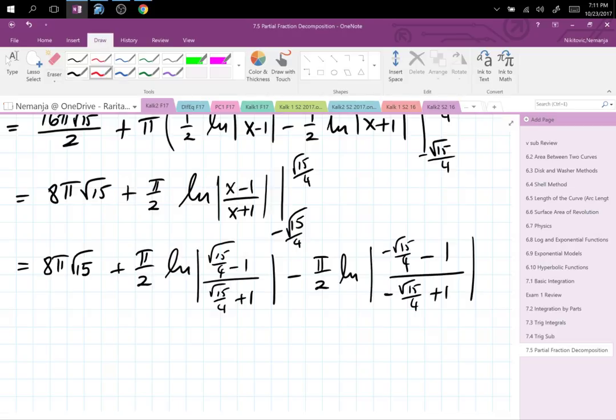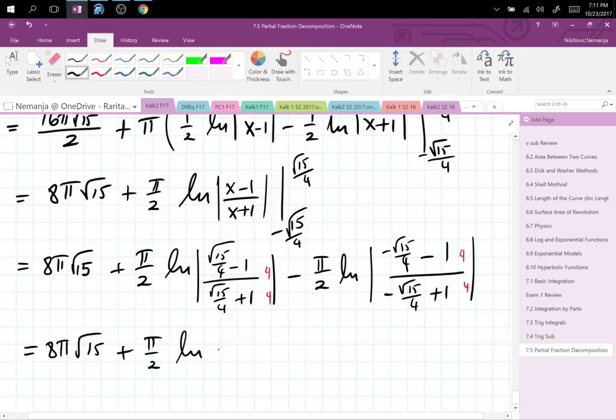But if you multiply top and bottom by 4, you kill double fractions. And you just get stuff together within the argument. So the first one becomes root 15 minus 1 over root 15 plus 1.